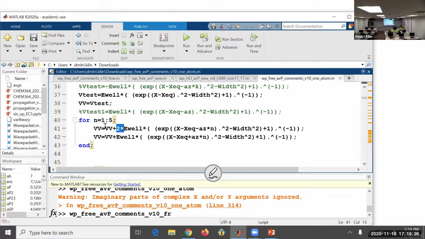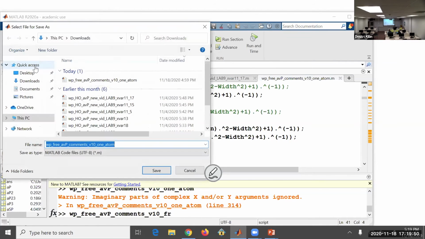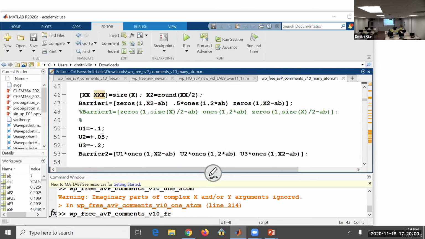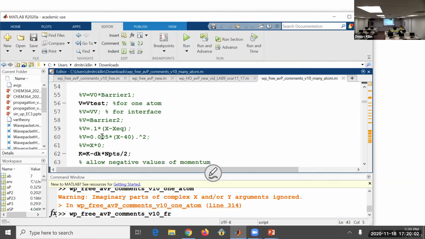So how do I use this for the actual calculation? I need to use VB in here.